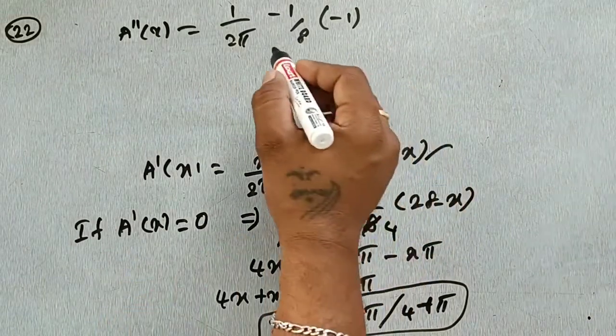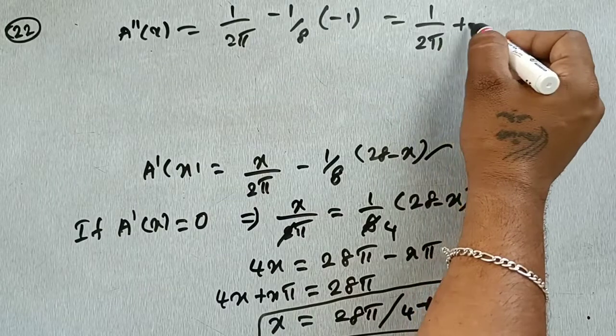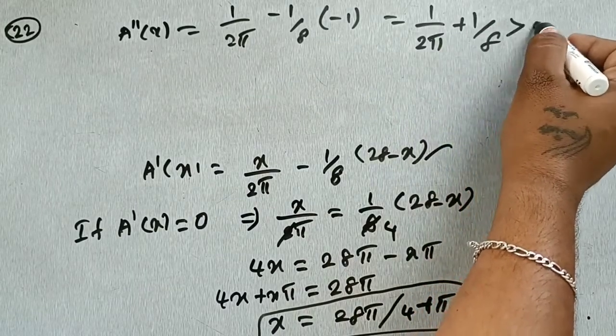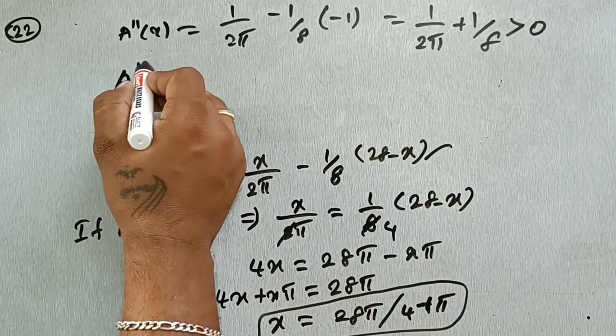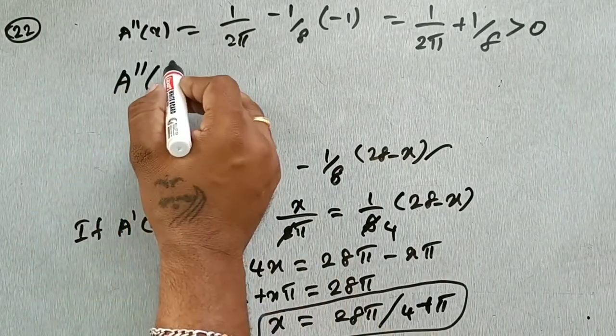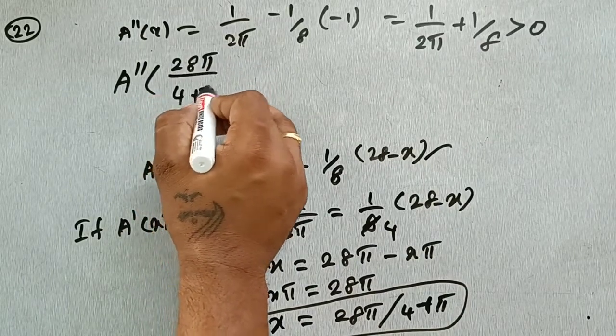So adding this we will get positive values, nothing but 1 by 2 pi plus 1 by 8. It is clearly greater than 0. So the second derivative is greater than 0, or we can substitute that x value also, A double dash of 28 pi divided by 4 plus pi.